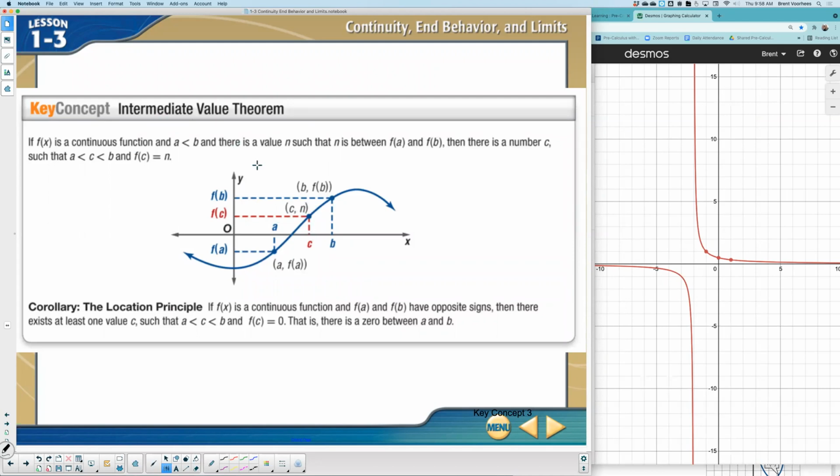That's all this is saying: if it's continuous and you have a point on the left and a point on the right, you could find something in between the two because it's continuous. If it's not continuous, then obviously there could be a gap. But if it's continuous and you have a point on the left and a point on the right, guess what you can find? Something in the middle.